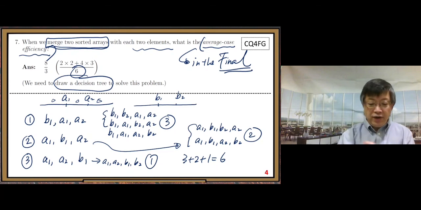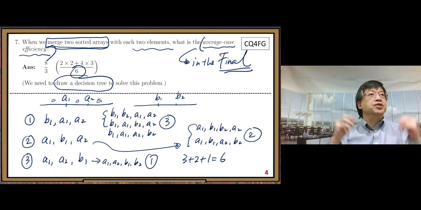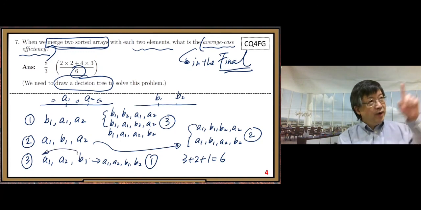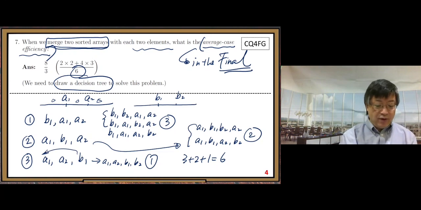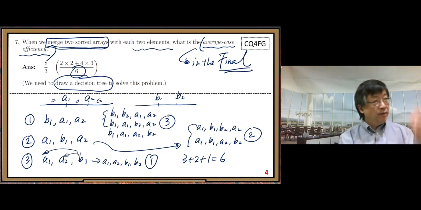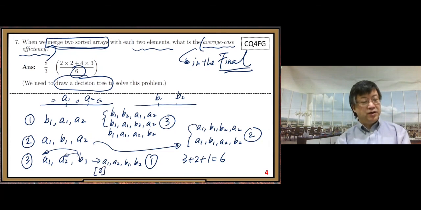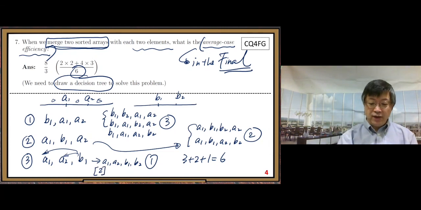For each subcase, how many comparisons do we need? Look at this. For this case, B1 is compared with A1, so B1 greater than A1. For the merge, B1 compared with A2, greater than that. So for this case, we need 2 comparisons. I use a different notation.